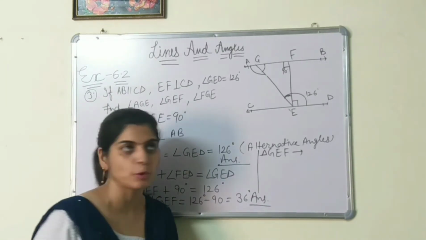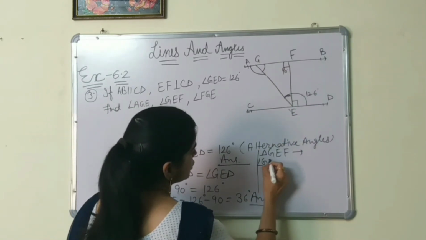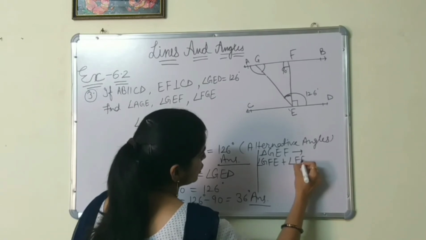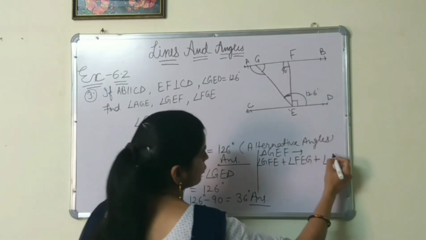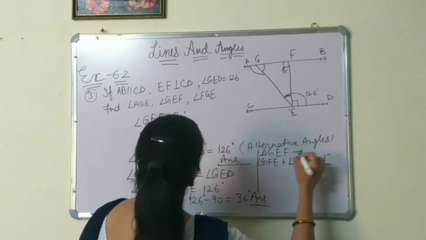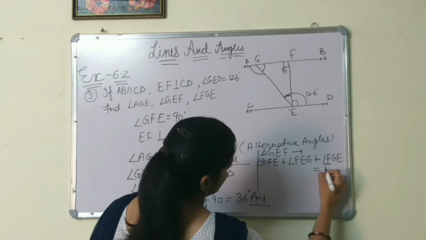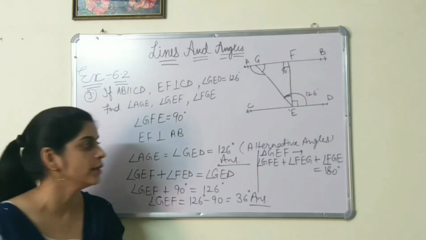By using the angle sum property, we can say that angle GFE plus angle FEG plus angle FGE will be equal to 180 degree.